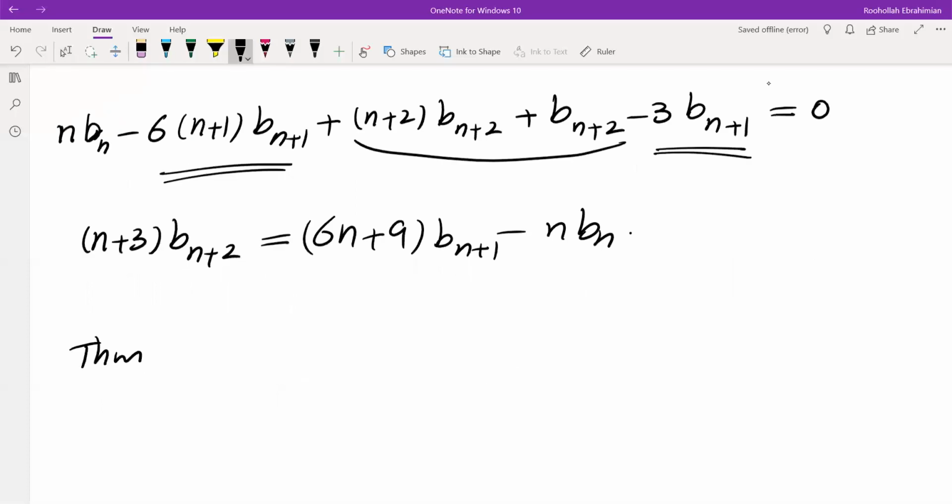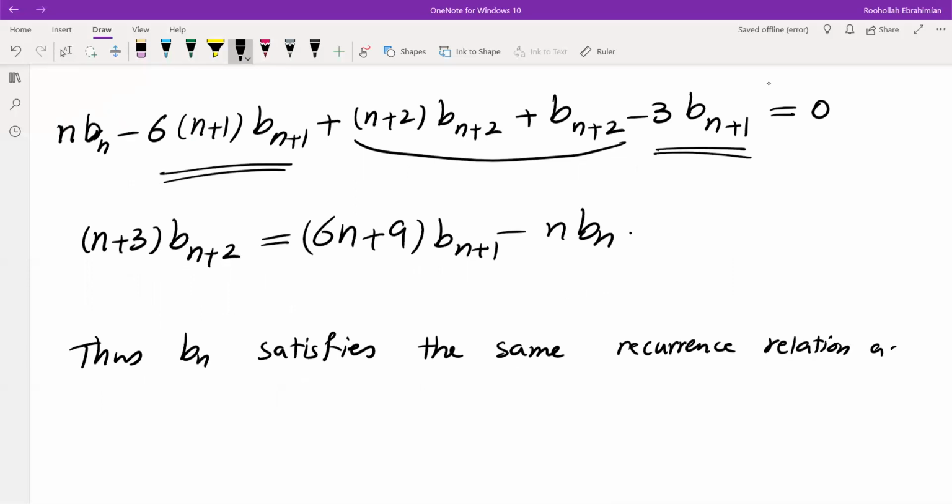Thus bn satisfies, this is the exact same recursion that I already had, the same recurrence relation as an. Therefore, an and bn are the same thing.